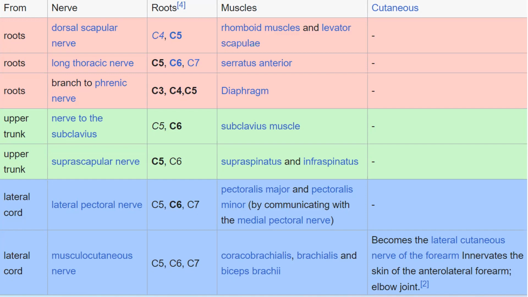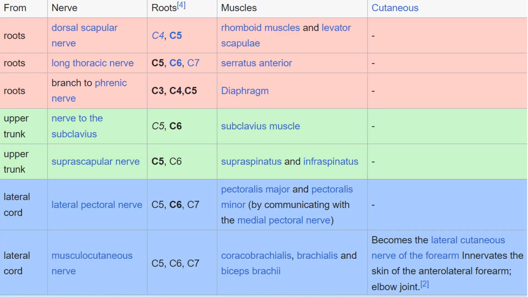You know about the diaphragm. The diaphragm receives its nerve supply from C3, 4, 5. We spoke about the nerve to the subclavius. It comes from C5, C6 to the subclavius. What does the subclavius muscle do? It elevates the ribs during inspiration. Upper trunk, suprascapular, we know it supplies the supraspinatus and the infraspinatus.